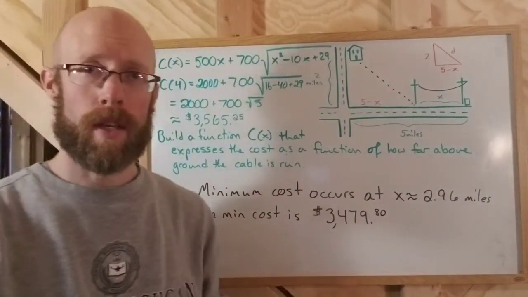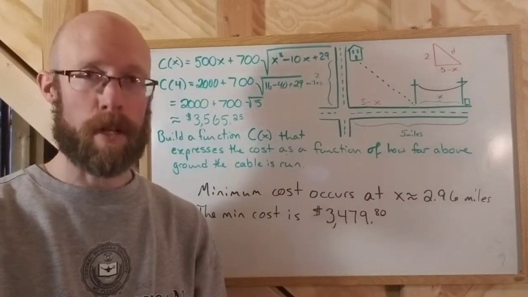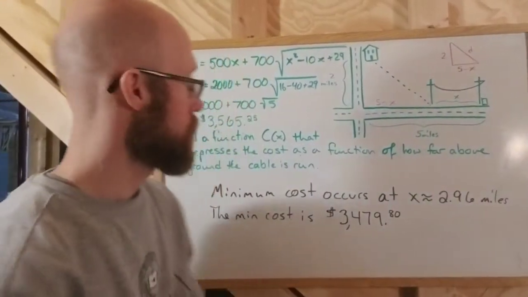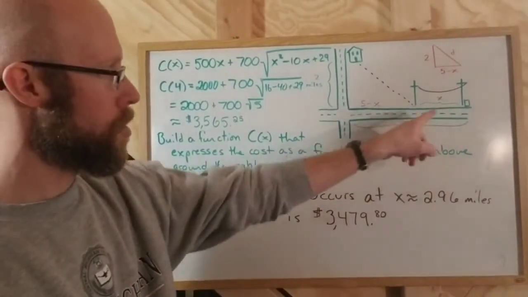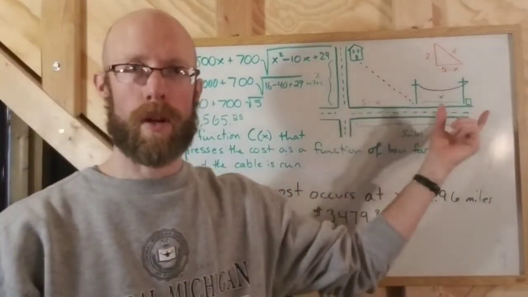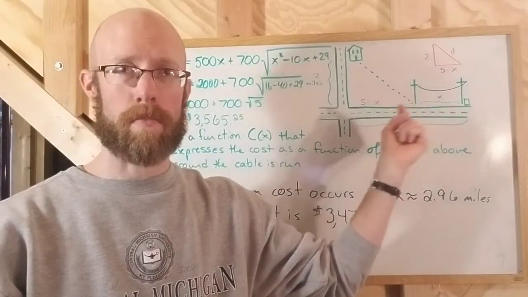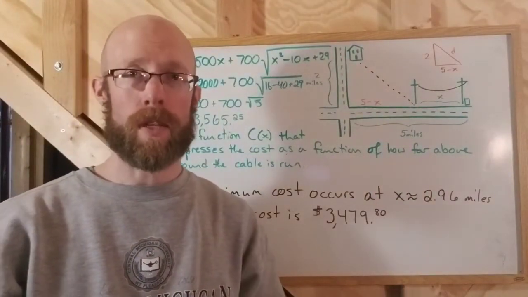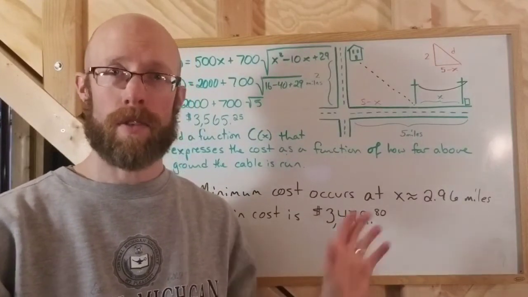Okay, so that gives you an idea then of what the minimum cost is, where the minimum cost occurs. In this case, it's optimized at almost 3 miles down the road. So running that above ground for 2.96 miles and then burying the cable underground gives you the minimum cost for this scenario.